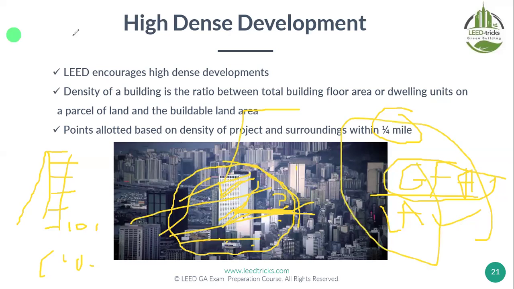This number will be analyzed in LEED AP. If this number is above the threshold, you are complying. Below this number, you are not complying. Got it?